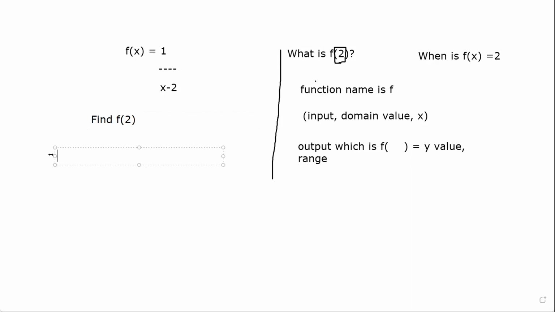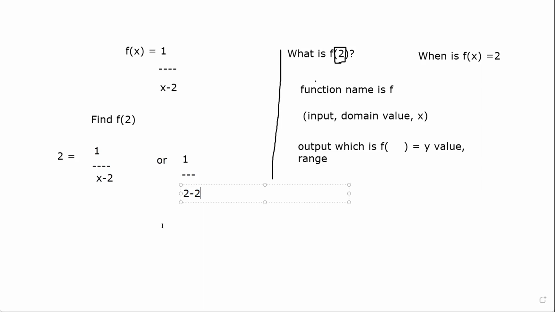Do I write 2 is equal to 1 over x minus 2, or do I write 1 over 2 minus 2?